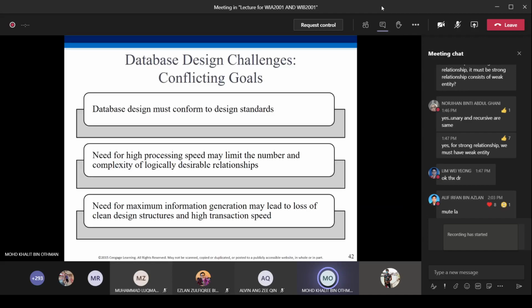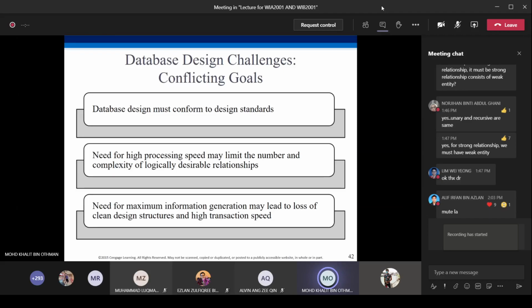High processing speed means minimal access time, which may be achieved by minimizing the number and complexity of logically desirable relationships. So this is the second challenge for designing the database in the real world.